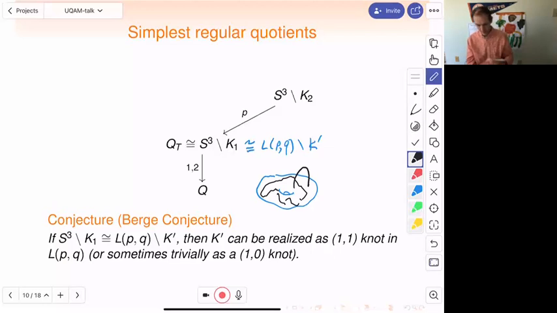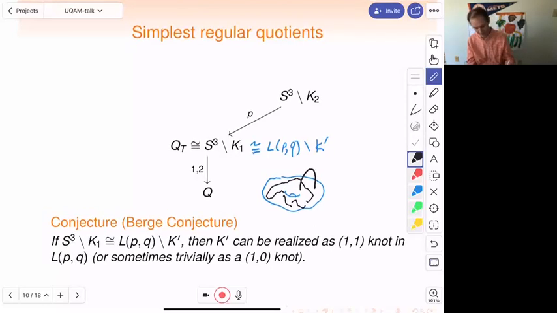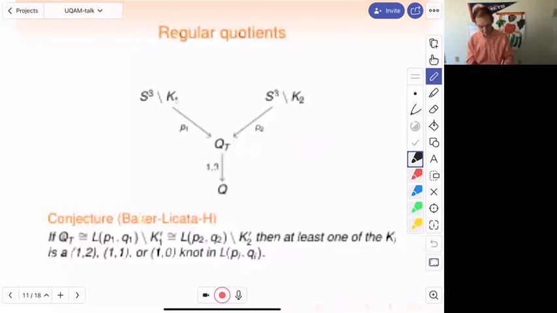So then we could ask, okay, well, is this the general picture? Is this what we would do even when we explode things along the left-hand side, if we have two knot complements covering that QT, where each cover is non-trivial? And in fact, the answer here is no, the Berge conjecture doesn't quite carry through exactly.